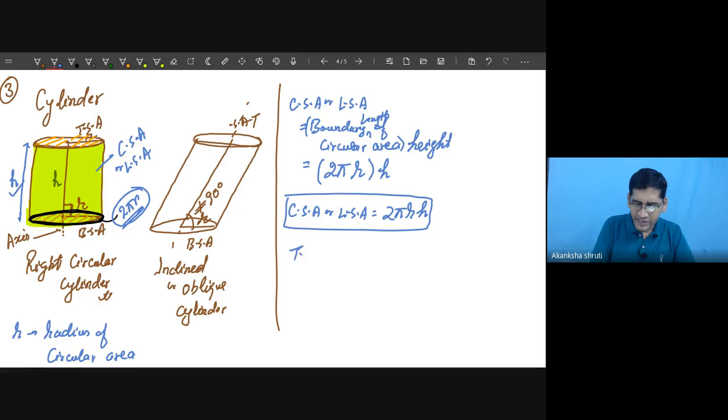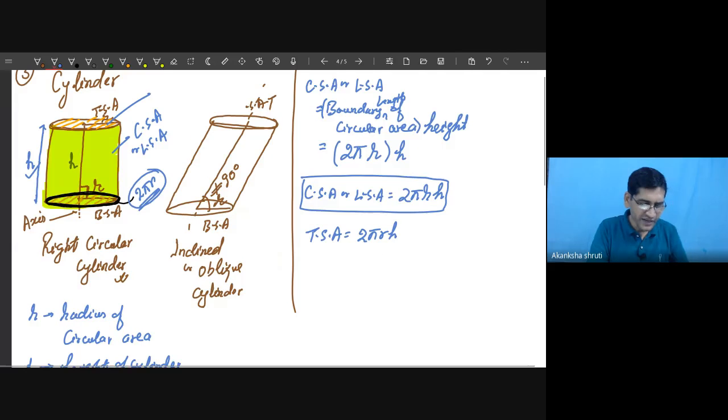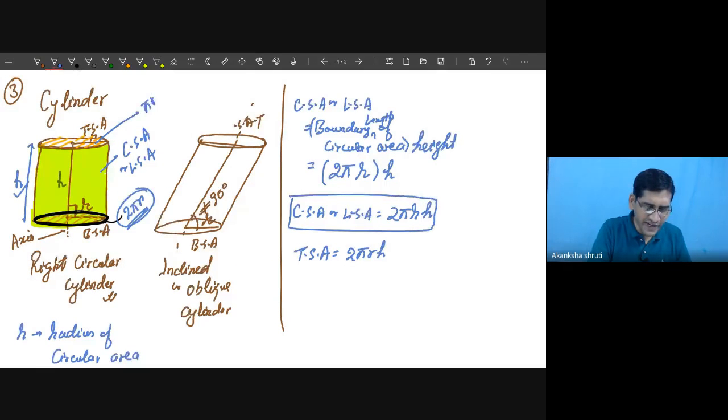Now what will be the TSA? In addition to this 2 pi r h, we have to add one for the bottom and one for the top. The area of the top is calculated by pi r square because it is a circular end, or surface, of the cylinder. The other circular area of the cylinder is also pi r square. So we add pi r square plus pi r square, which is 2 pi r square.